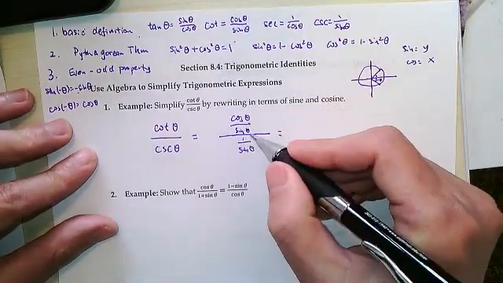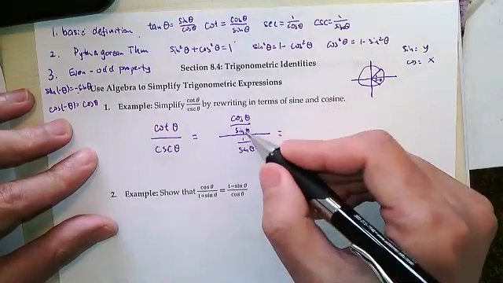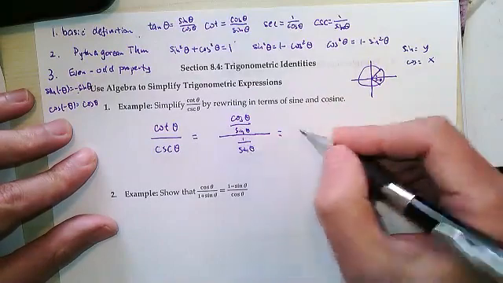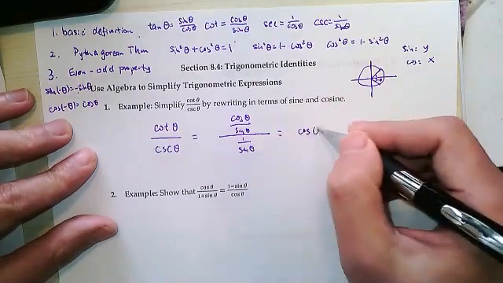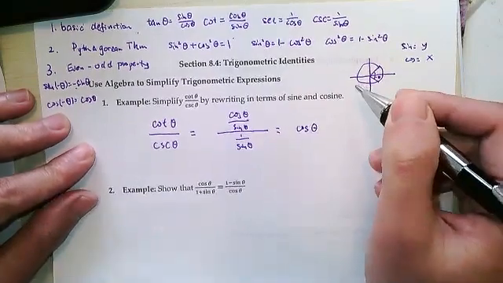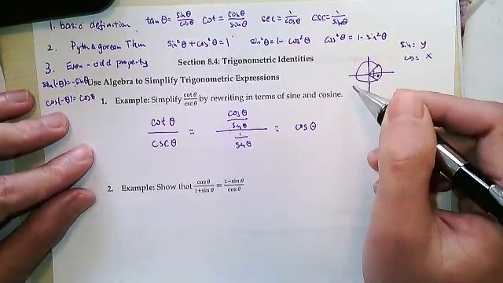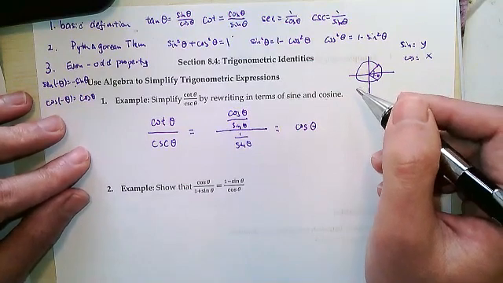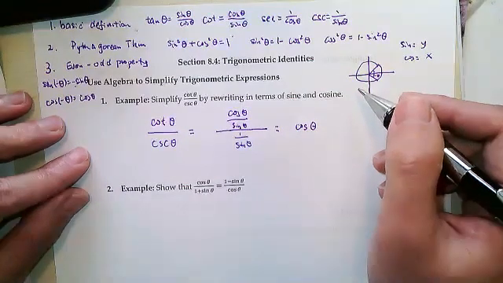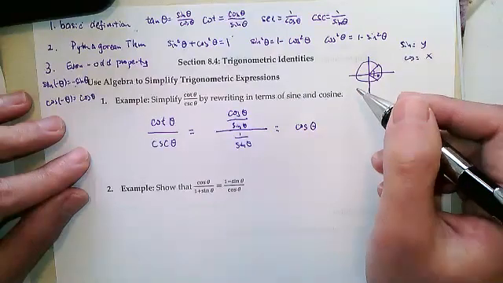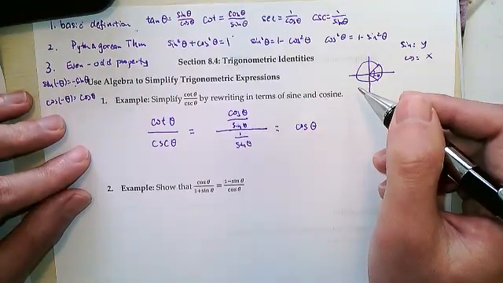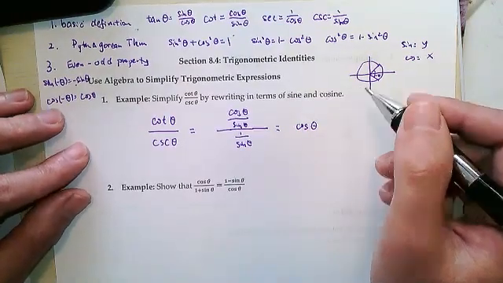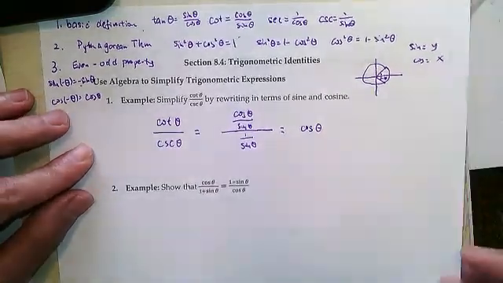Then you multiply both sides by sine, cancel the sine in the bottom. You get cosine theta. That's it. Does anyone have any question? Okay. Look, it's just so easy.